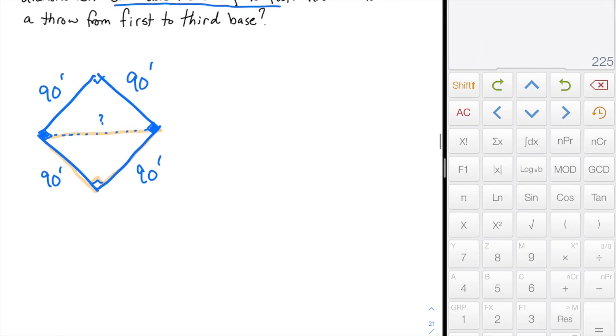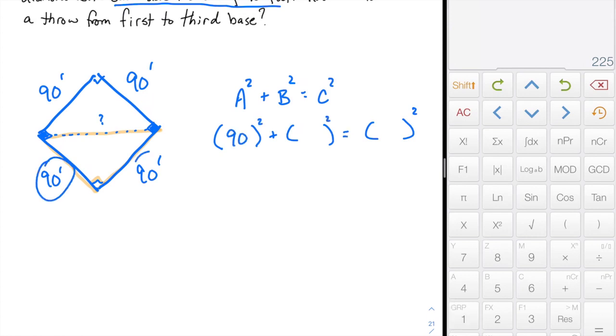So I'm going to do the same as the procedures in the past. I'm going to start with the Pythagorean Theorem. I'm going to substitute my a and b and c in. And a is 90, b is 90. They happen to be the same.